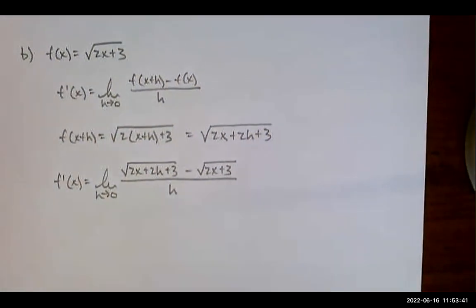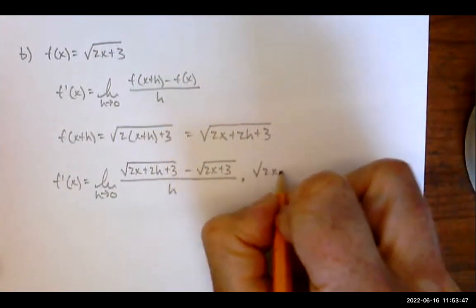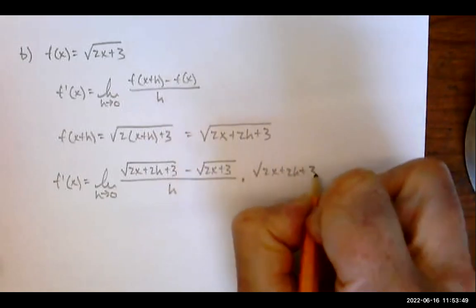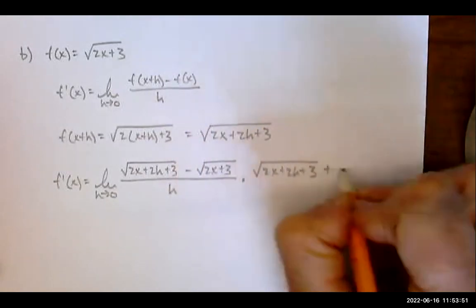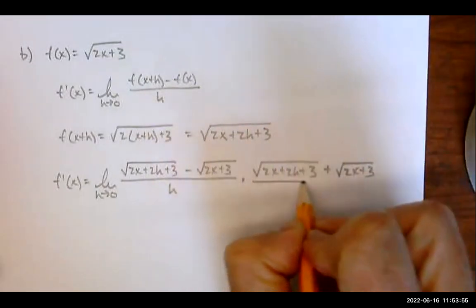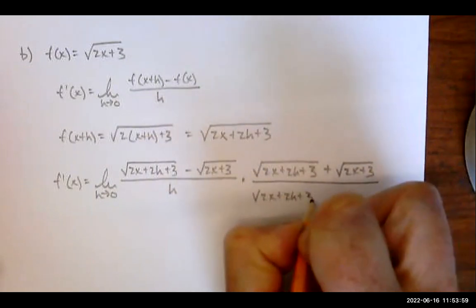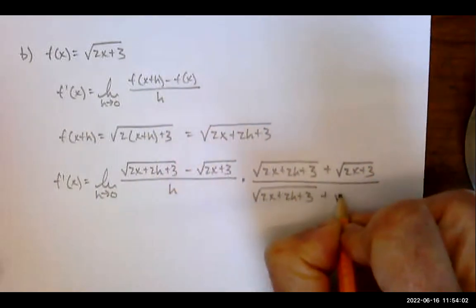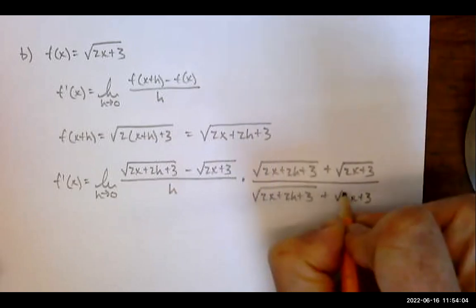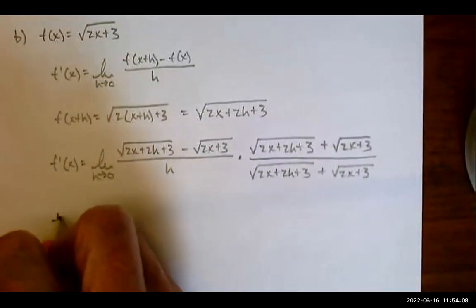Well, as we suspect, we're going to have to multiply by a conjugate here, the conjugate of our numerator. Two square roots involved in that conjugate. No problem.